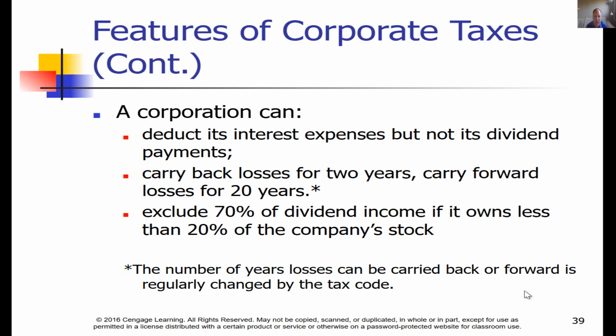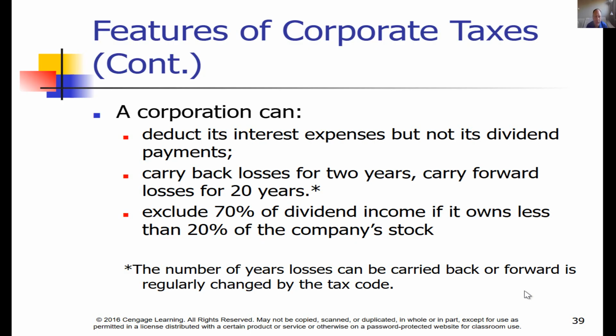Bush, of course, brought back higher tax rates and did not put back these deductions. Corporations can also do a carryback of losses for up to 2 years and a carry forward of losses for up to 20 years. Individuals get some benefit from this, like if you lose money on a stock investment, you can write off $3,000 a year and carry that forward, but you can't write off the full loss in a year.